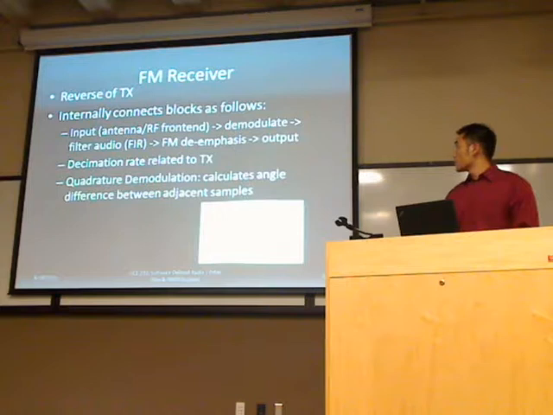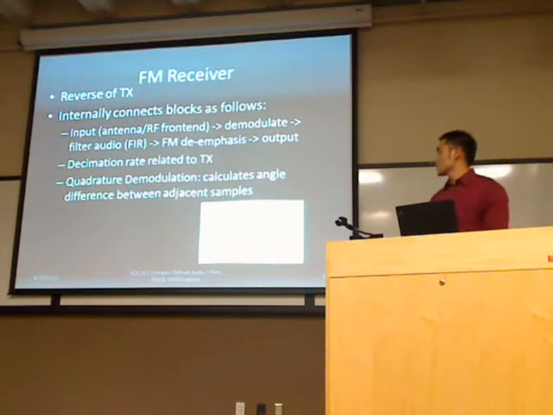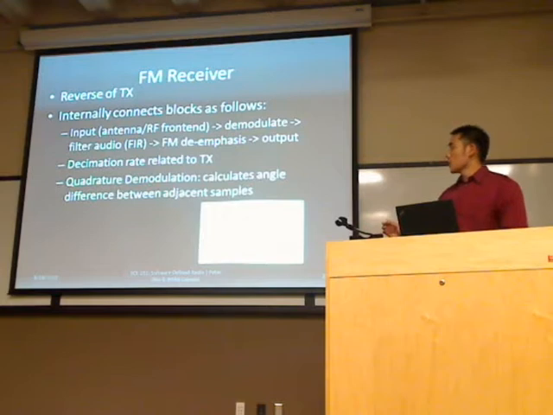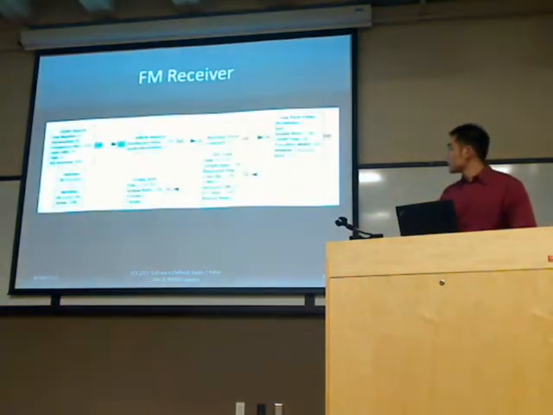And for GRC, the demodulation technique they use is quadrature demodulation, which calculates the angle based on a difference between the adjacent samples. And this is essentially what happens. The complex signal is multiplied by its conjugate, and then arctangent is performed to find the difference between the samples. So with that angle, you can then calculate the frequency. And this is the block set in GRC.